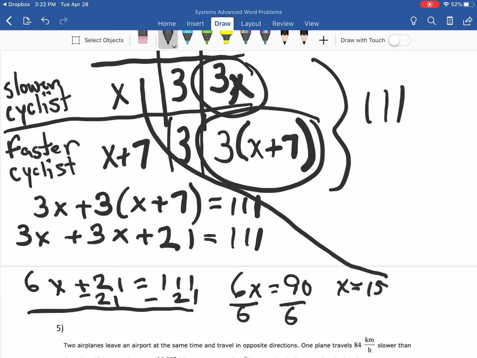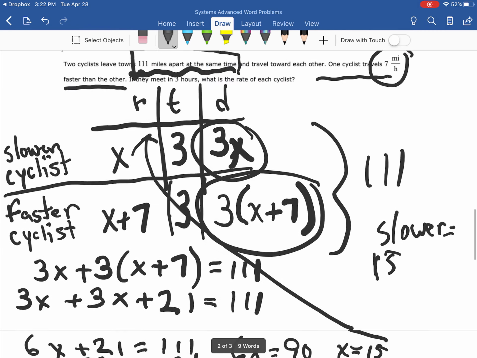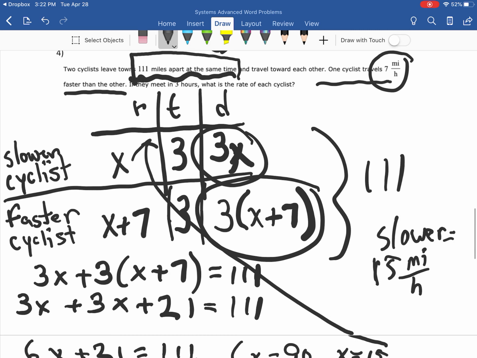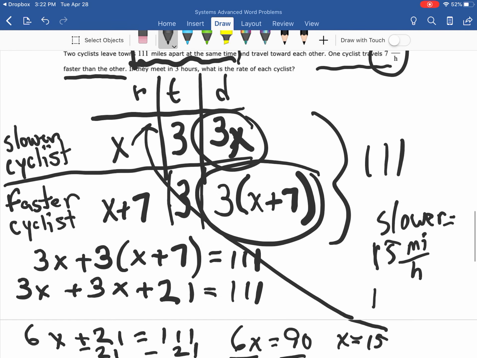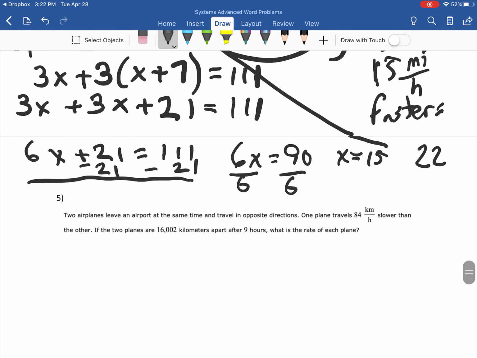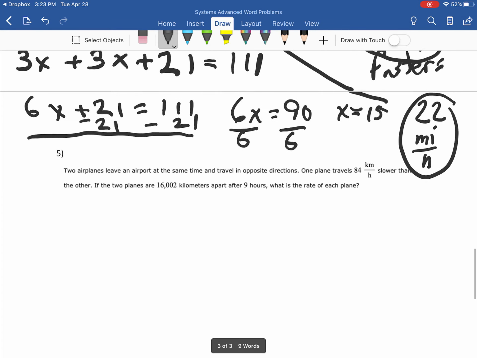Okay, so we just found that the speed of the slower one is 15 miles per hour. And that means the faster one is going 15 plus 7, so the faster is going to be 22 miles per hour. Okay? Sometimes using a second variable isn't necessary.